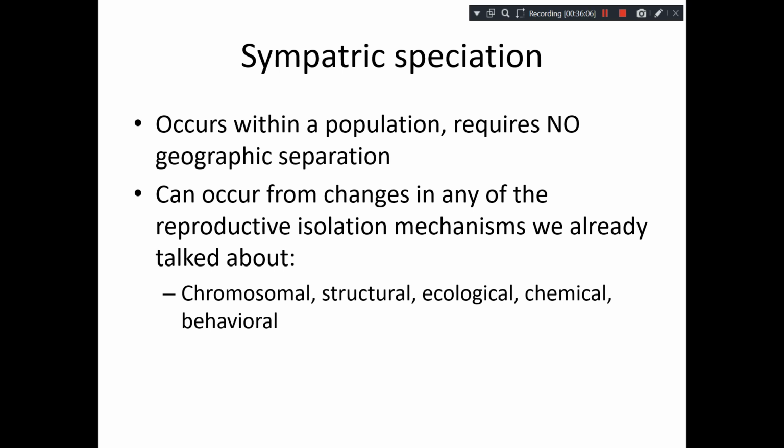After allopatric speciation, we can move on to sympatric speciation. This sympatric speciation occurs only within the population. It doesn't require any geographic separation, but separation is made possible by changes in any of the reproductive isolation mechanisms.